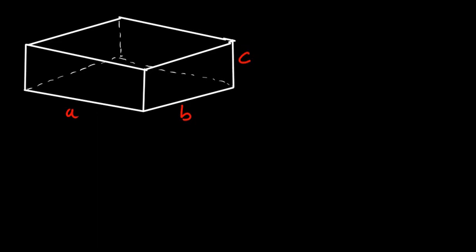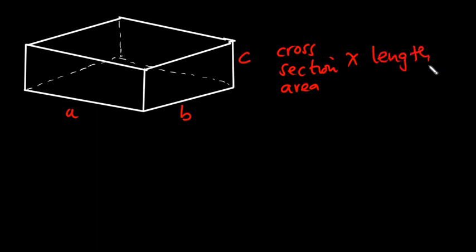So for this case, since it's a rectangular prism, the cross section is rectangular. So there could be three rectangles or faces that could be cross sections for this case.